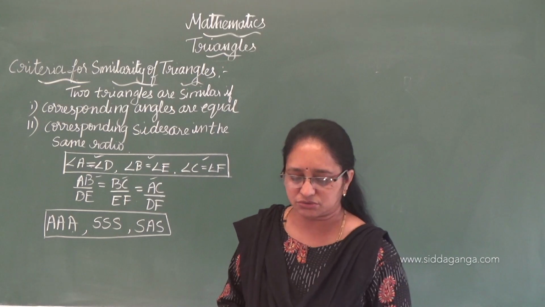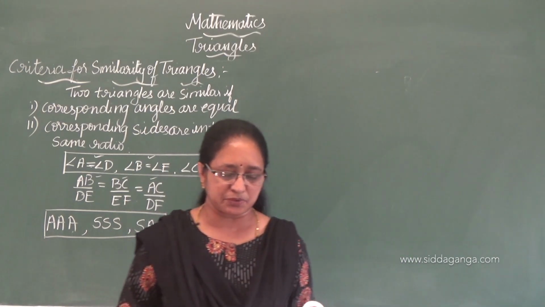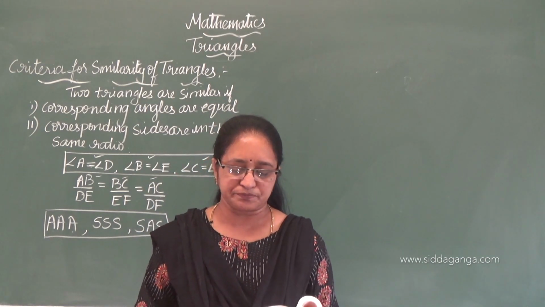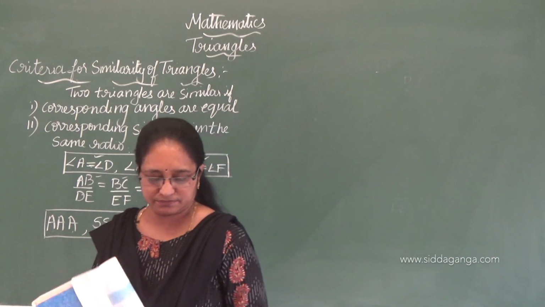Okay, now let us do theorem 6.3. If two triangles' corresponding angles are equal, then their corresponding sides are in the same ratio, and hence the two triangles are similar.